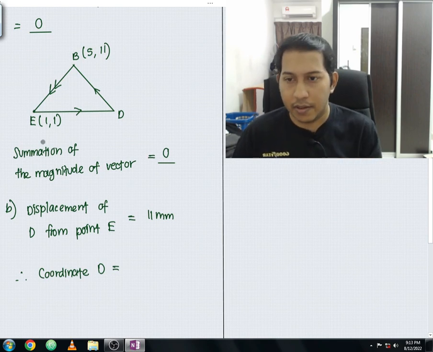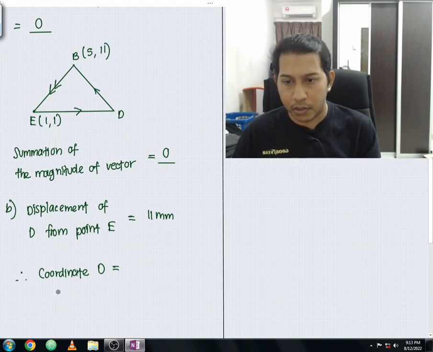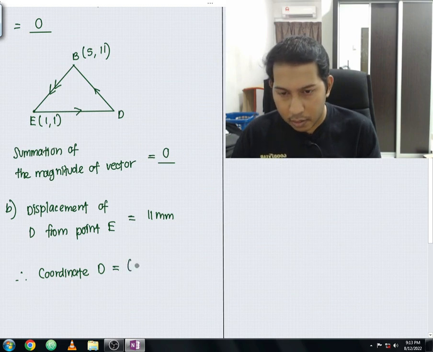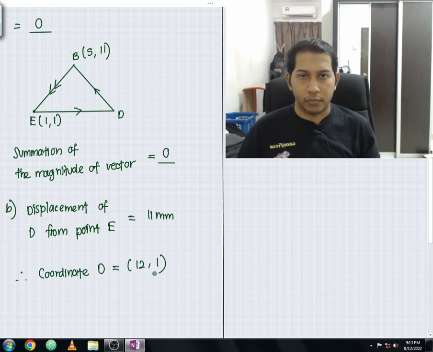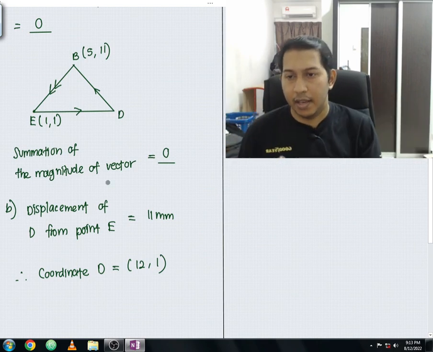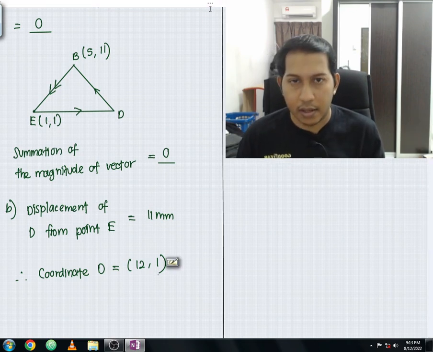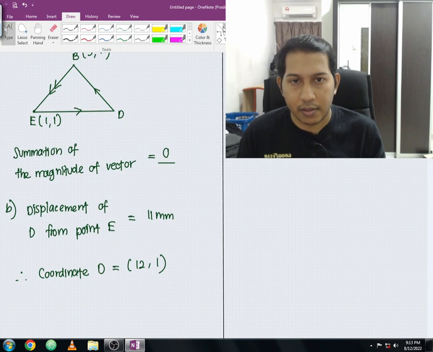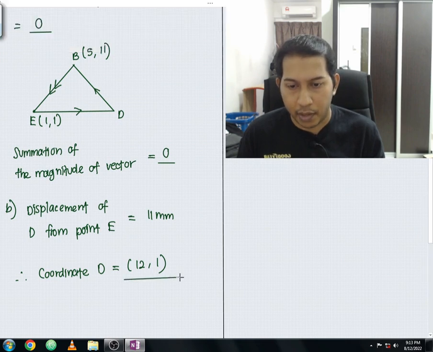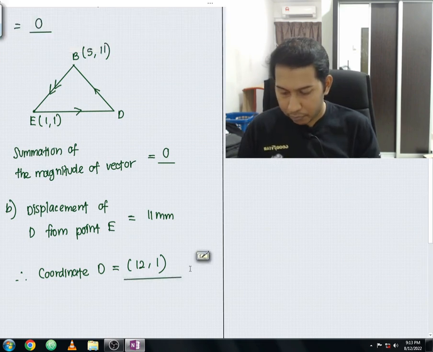Very simple. You just add to the x-axis. So for the x coordinate, the 1 you just plus with 11, you get 12. So from here you get your coordinate D is 12, 1. Your y-axis is still the same, only your x is displaced by 11 meter. So this is your coordinate D. This is not the answer, I'm just writing the first step to find the coordinate D.